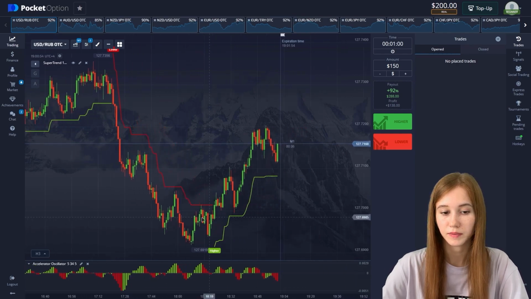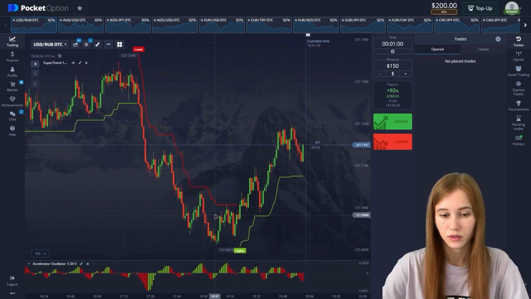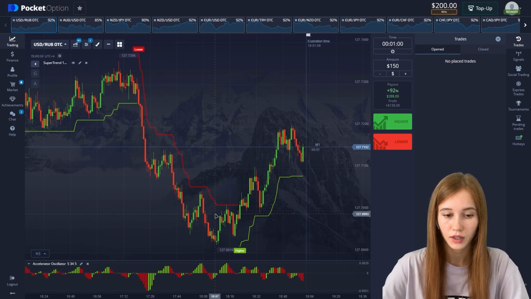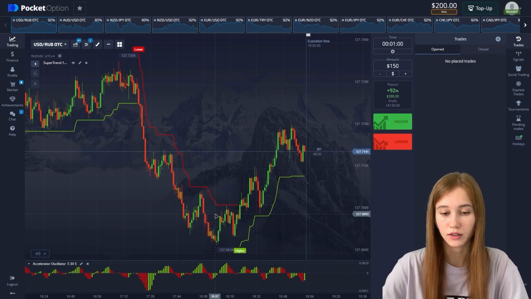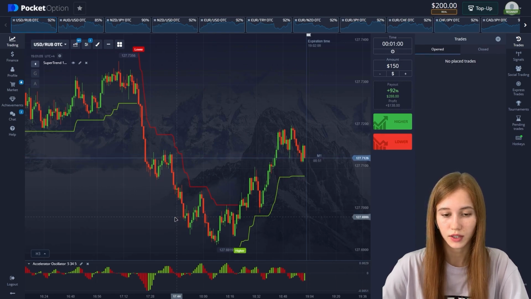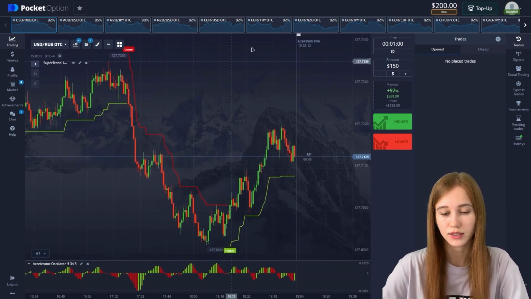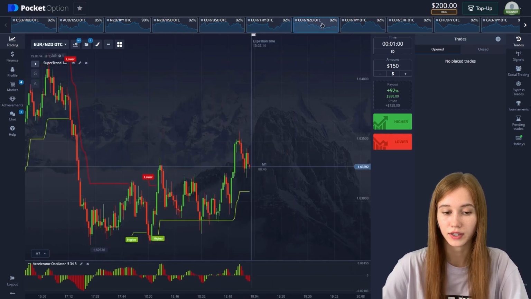It was, so 2 green bars above the 0 line are a buy signal, and 2 red bars below the 0 line are a sell signal. I think I explained everything to you, and I suggest switching to the first currency pair and starting trading.